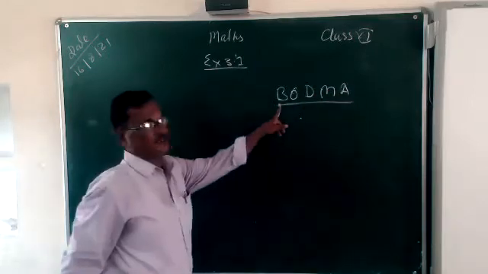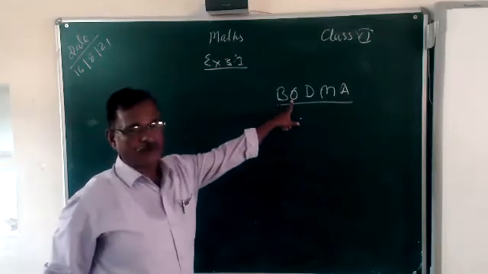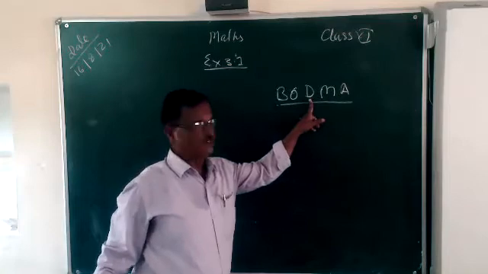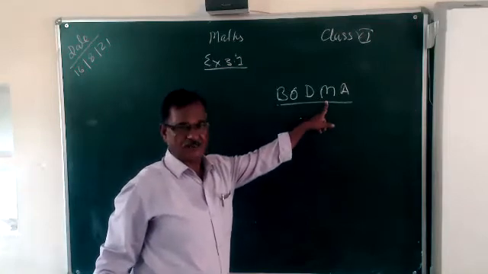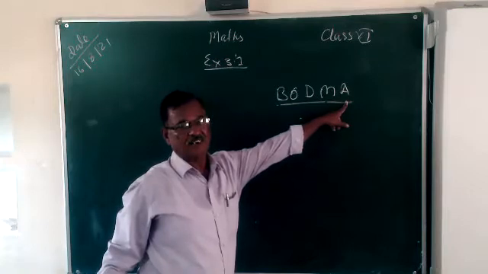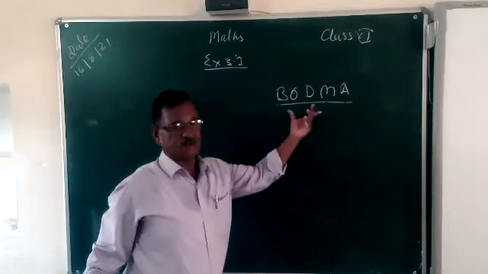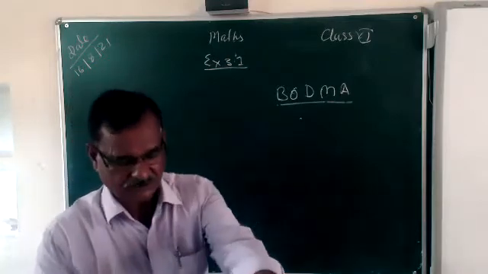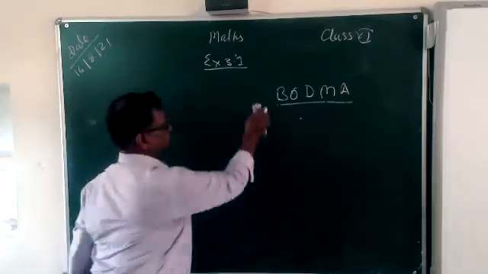First you remove the brackets, then of, which means multiplication, D means division, M stands for multiplication, and A stands for addition. In this way you can solve the problem. So see here, the first question of this exercise.